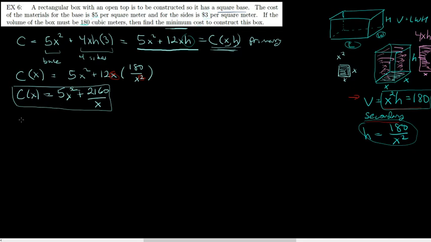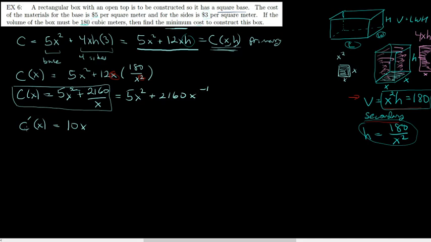Well, find the critical numbers. So we need the derivative. We'll call it c prime of x. And so this is just going to be 10x. And then you can use the quotient rule here, or it might be more helpful to write it this way: plus 2160 times x to the negative 1. Now you're just using the power rule.